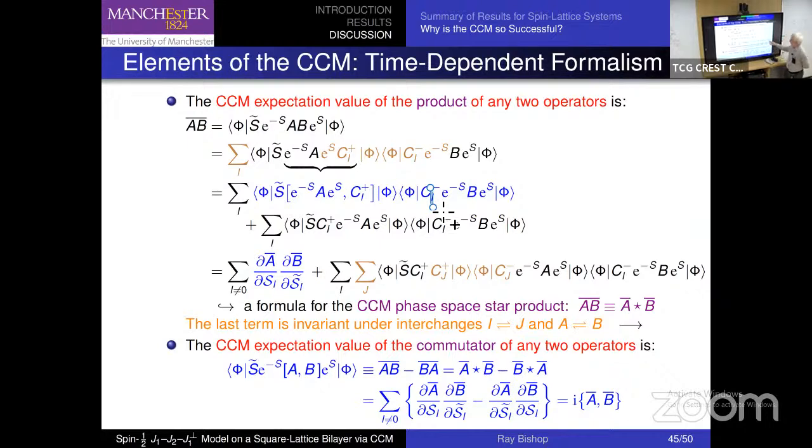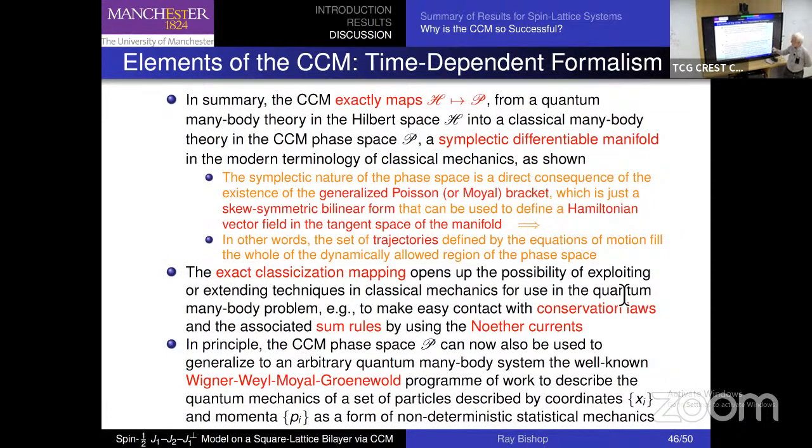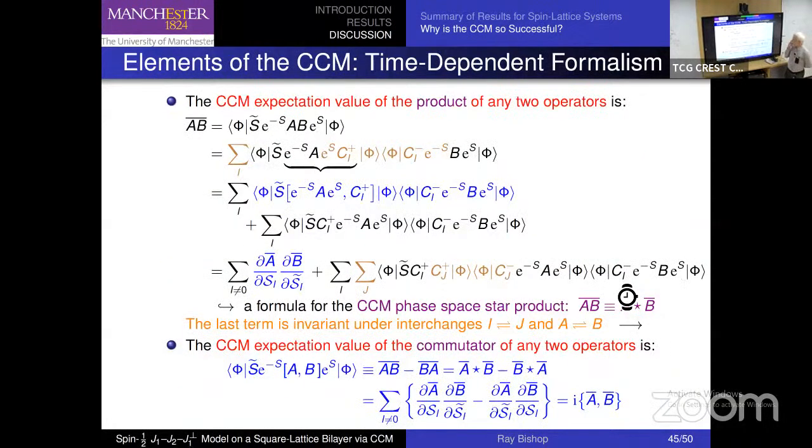But the nasty term here, which if I just wanted to calculate that, I would have to calculate. But if I'm interested not in just the expectation value of the product, but in the expectation value of a commutator, the thing that you see in here is this guy is completely symmetric between the interchange of A and B. When A and B interchange, this term becomes this term, except for the change I goes to J, but they're dummy indices anyway.